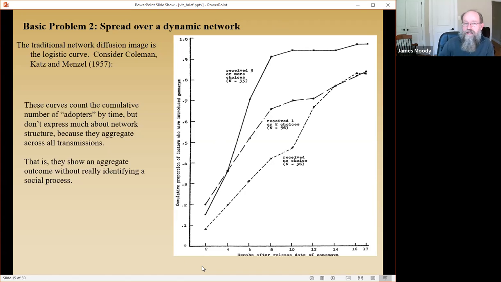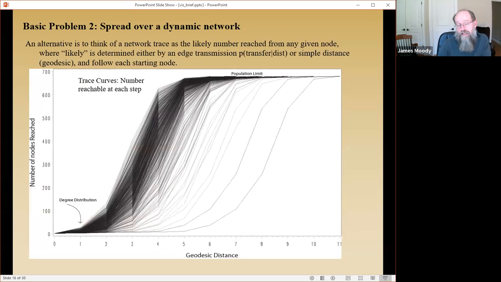So there's a network dynamic generating a diffusion curve, and sometimes the diffusion curve is easier to see. You could simulate a diffusion curve on a network and see what the entire universe of diffusion potentials is on a given space. This plot would look different than a sociogram, certainly, but it would tell you that the bulk of diffusion, wherever you start, is going to happen within like 3 or 4 steps.